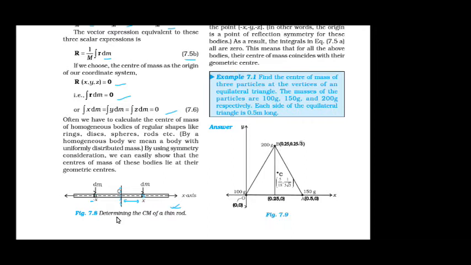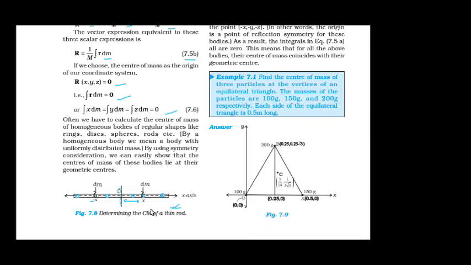In this way, for all pairs, if there is an object, its image will form here. If there is an object, its image will form here. So the total integral of the whole system is 0.